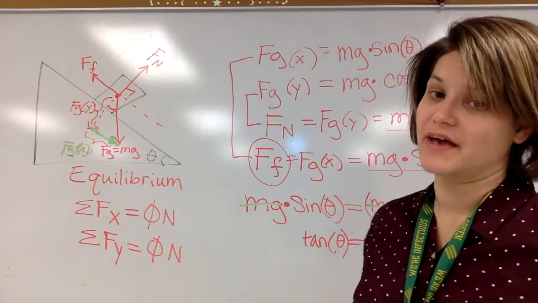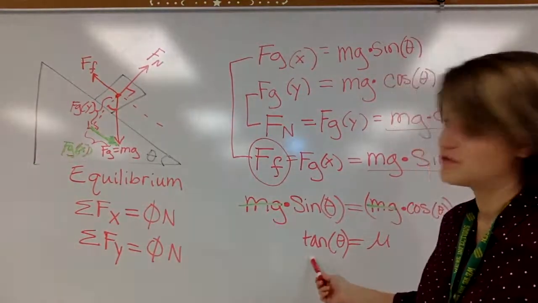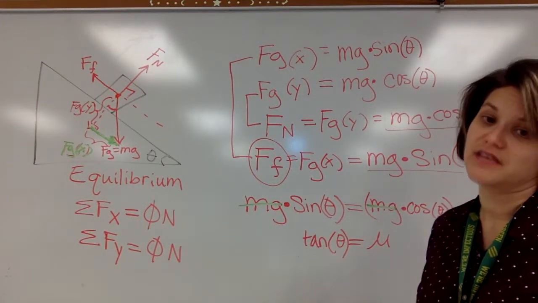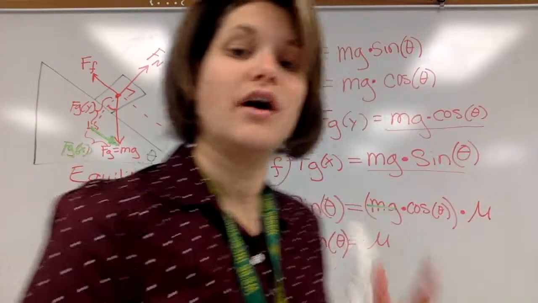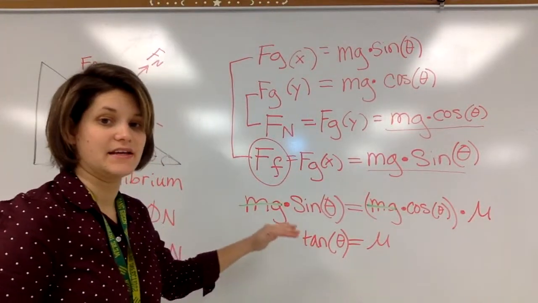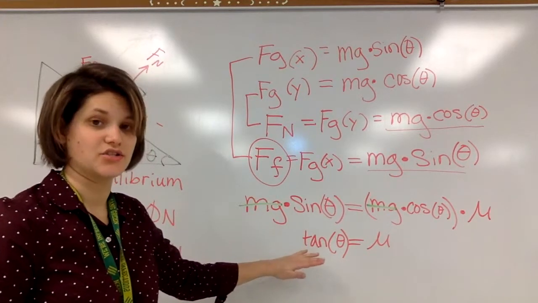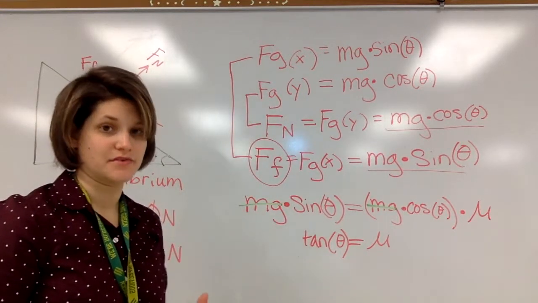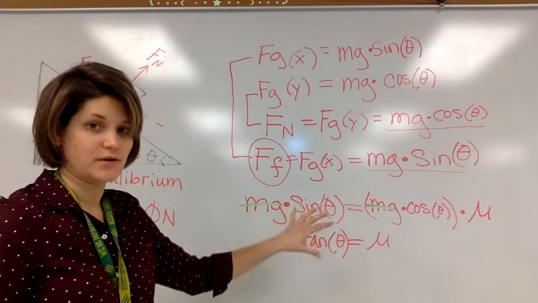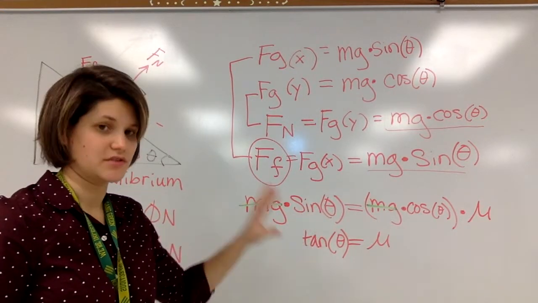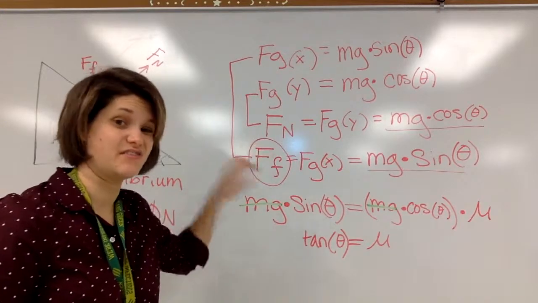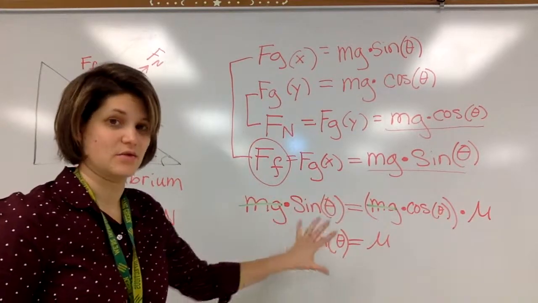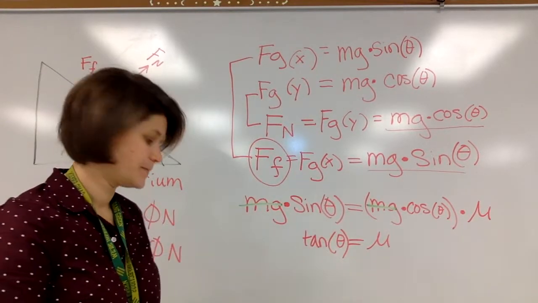So when we have these questions, the equation that you need is mu equals tangent of theta. It is important for you to be able to understand why that is an okay equation to use, where it comes from in the first place. This is where it comes from. If you're still struggling with it, let me know, because it does matter that you understand the physics behind why this is okay to do. Okay.